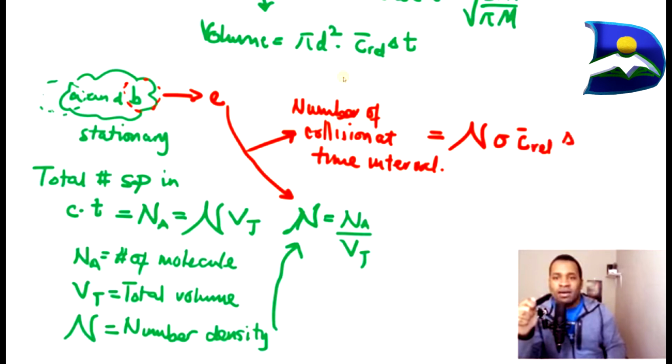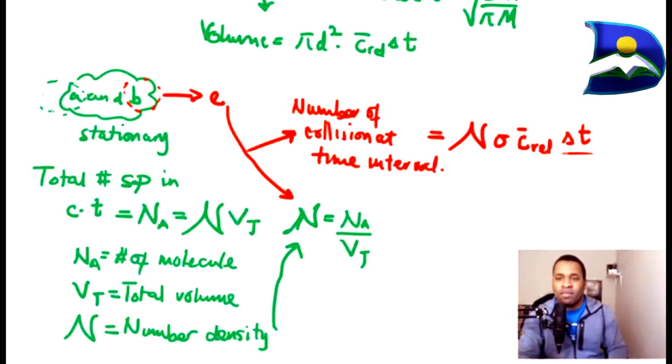So therefore, in this particular expression where we've determined the number of collisions at a time interval, we are going to take apart a specific segment of this expression, which will be an indication of a relationship with the number of collisions per time.